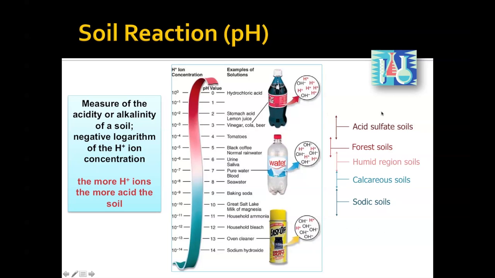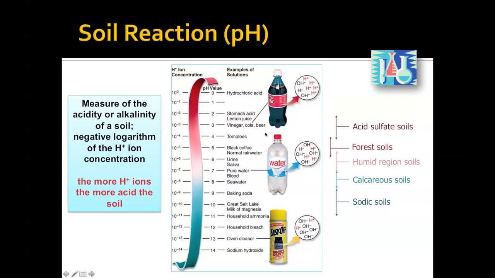An additional look at this is some of the soils that you might find across the globe. The sodic and the calcareous soils are typically found in more dry environments, whereas acid sulfate soils, your forested soils, you find in wet environments, especially where there's a tremendous amount of weathering.